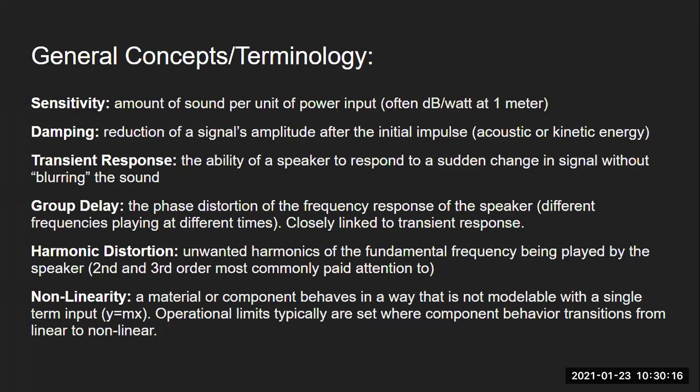A common example of this would be muddy bass. You hear the higher pitch slightly before you hear the lower pitch, and that kind of causes you to hear it out of phase with each other. It elongates that, but not evenly. So that's kind of what delay and transient response are referring to.